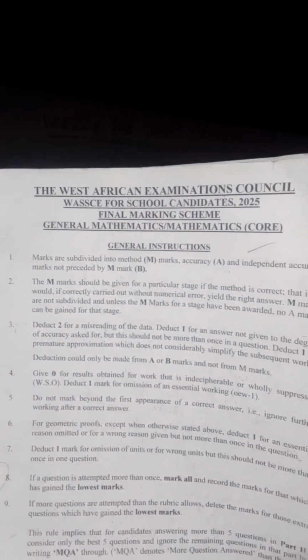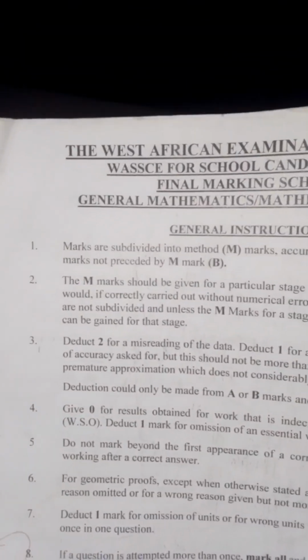General Mathematics / Mathematics Core. General Instructions. Now let's continue. The first one, you can see it's about 14. We have 14 instructions that the examiner has to make use of before they mark your scripts.